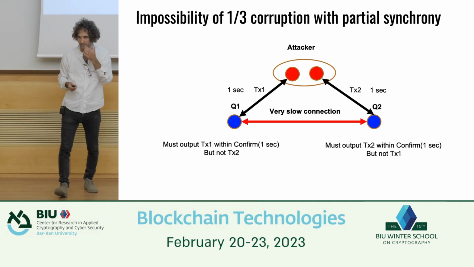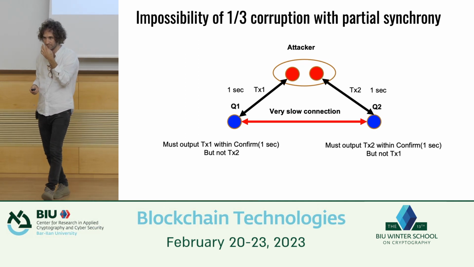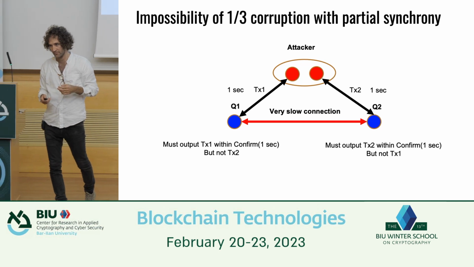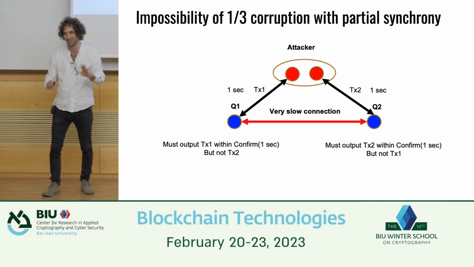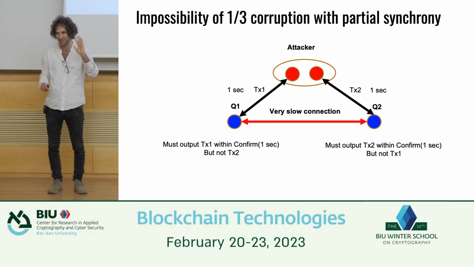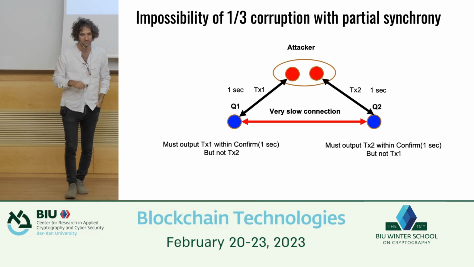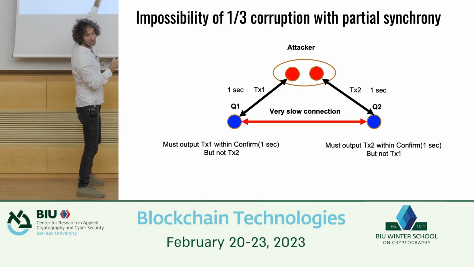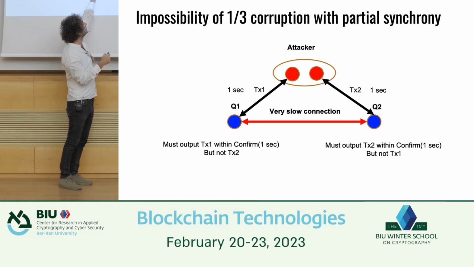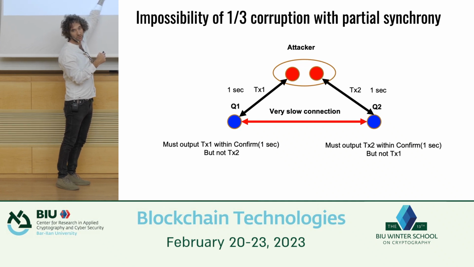Isn't there a difference between partial synchrony and... Let's not get into this eventual asynchronous thing. I want to just focus on these 2, partial synchrony and synchrony. So you're saying that they should output something. So this guy is going to output TX1, but it's very unlikely within delta that it's going to output TX2, because there's no information about it.